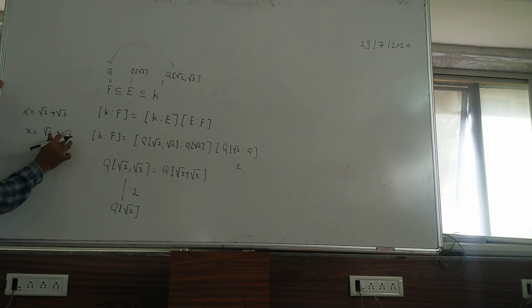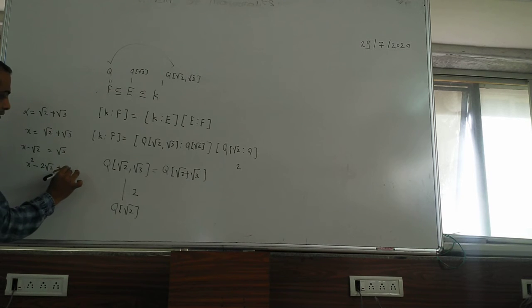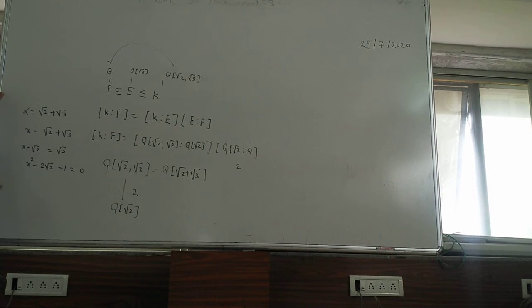So take x equal to alpha, x minus root 2 equals root 3. Take the square because root 3 is not in this field. So x square minus 2 root 2 x plus 2 is equal to 3, so x square minus 2 root 2 x minus 1 is equal to 0.